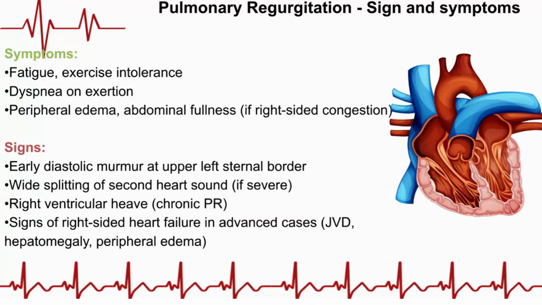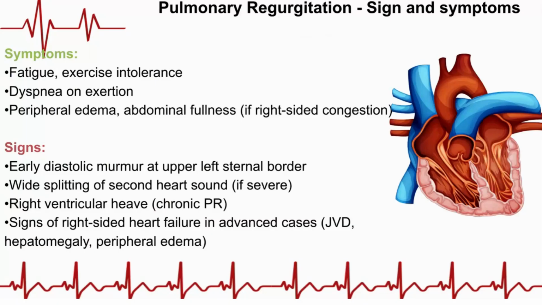In terms of signs, you may hear an early diastolic murmur at the upper left sternal border. You may hear a splitting of the second heart sound if it is quite severe. And again, a right ventricular heave if it's quite chronic. But your best friends here are your physical exam in other ways.